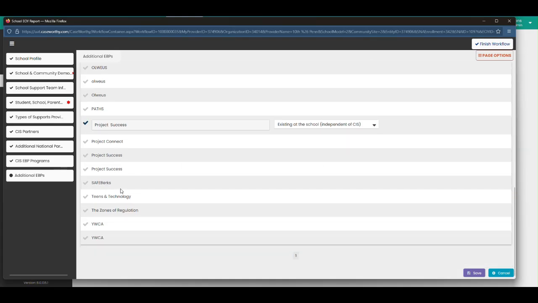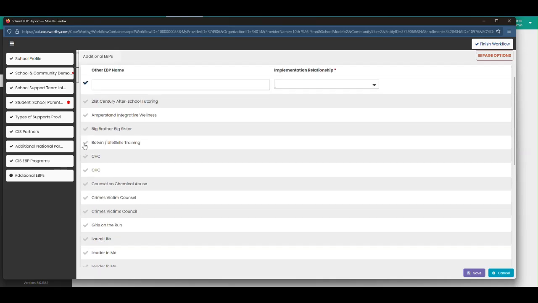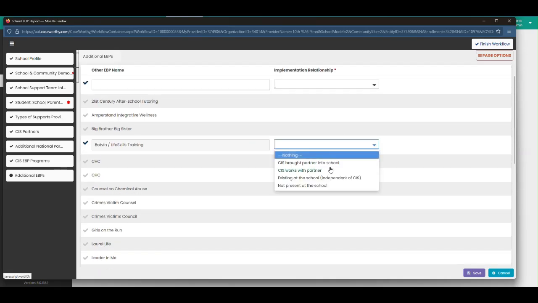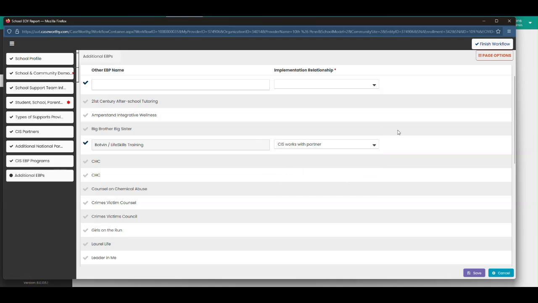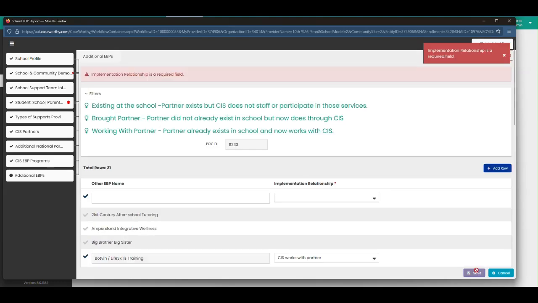That's something in there. Safe Perks, I'm not sure what that is. YWCA. Botvin Life Skills is something that's at a lot of sites. Gabby will probably recognize that over at Whitehall. So we'll make all our selections there, and then we'll be done with the workflow.